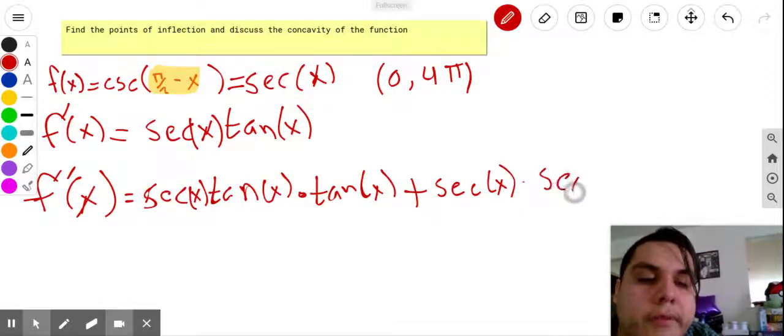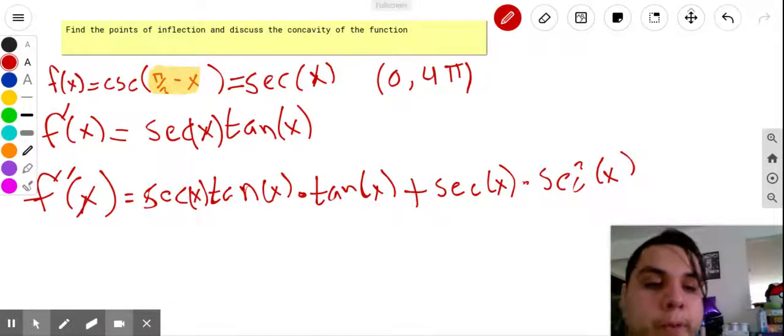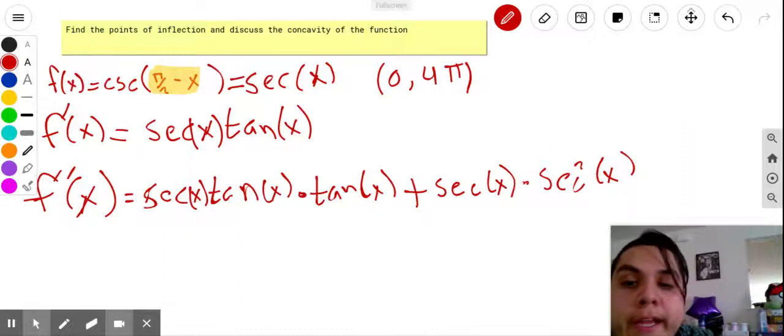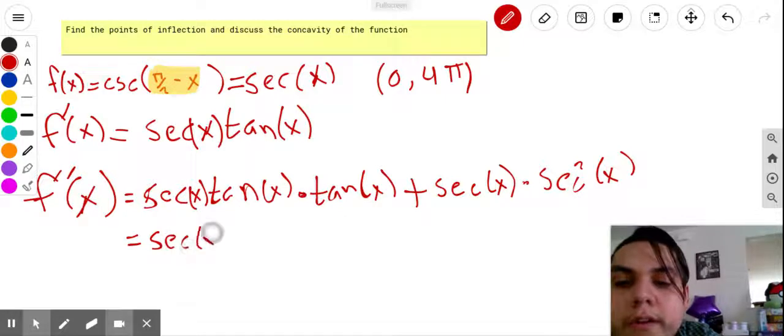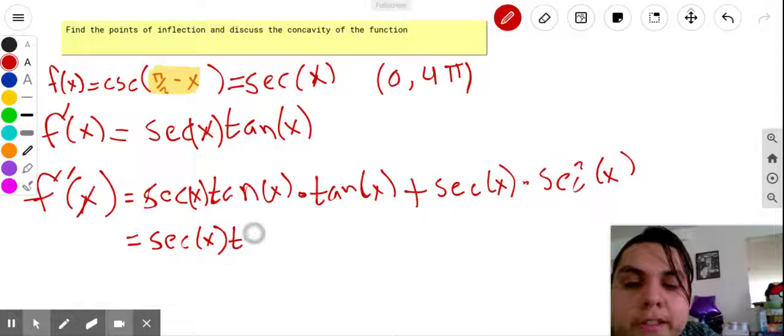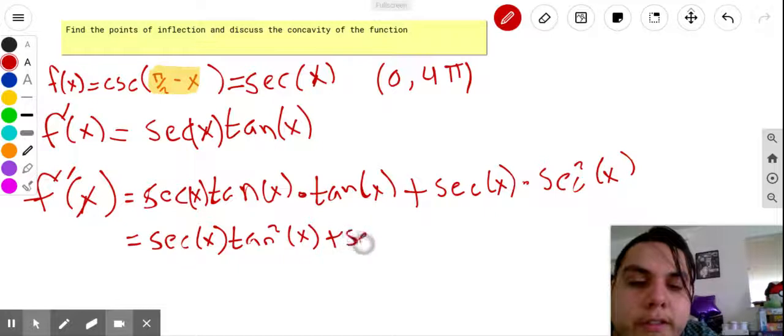The derivative of tangent is secant squared. Okay? So now that I have that, I can say that I have secant of x times tangent squared of x plus secant cubed of x.